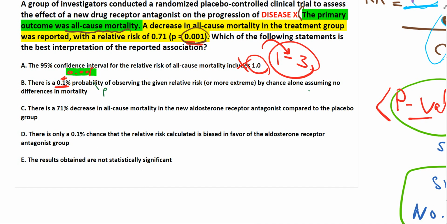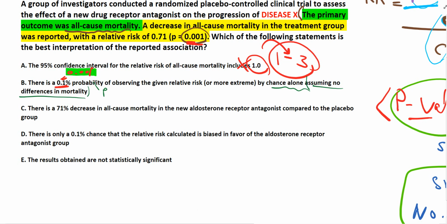Why does it say that? Because the definition of relative risk, it could be an error, it could be the result by chance alone, assuming no difference in mortality. This is the outcome. It's already said in the question, the primary outcome was all-cause mortality.